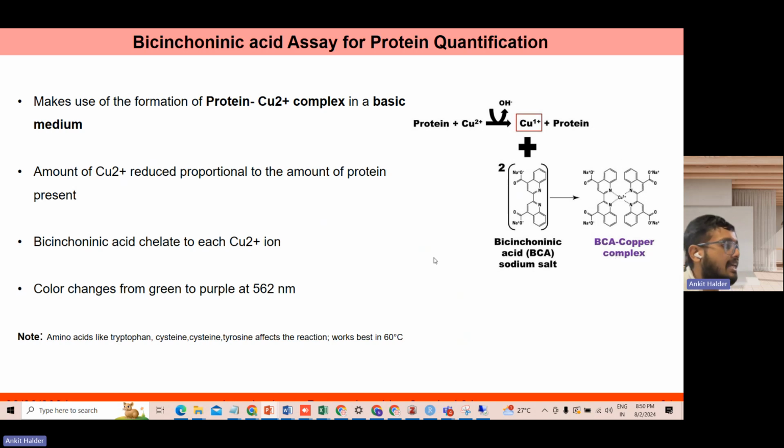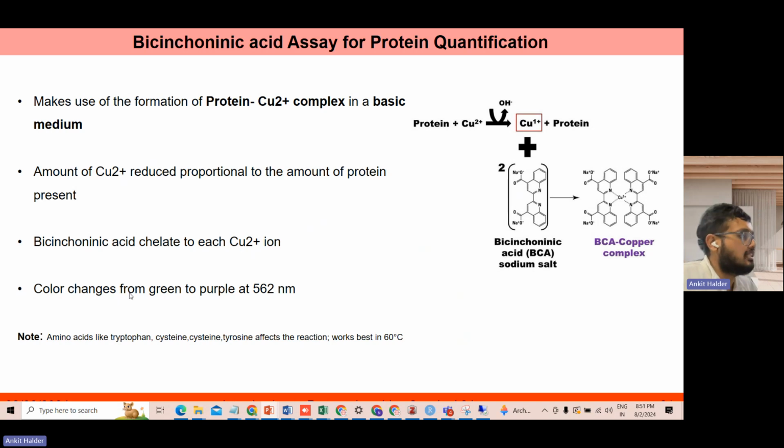So it is an indirect measurement of the protein, where the protein is reduced to Cu1+ in the basic medium. The amount of Cu2+ reduced is proportional to the amount of protein present, and bicinchoninic acid chelates to each Cu1+ ion, and the color changes.